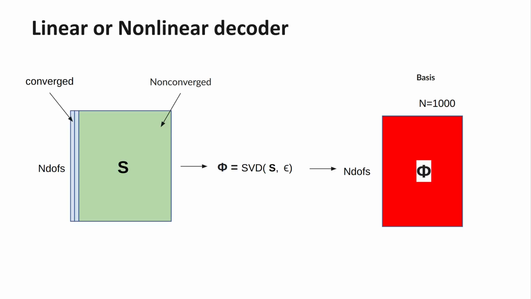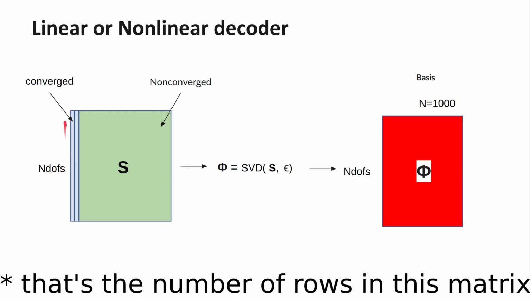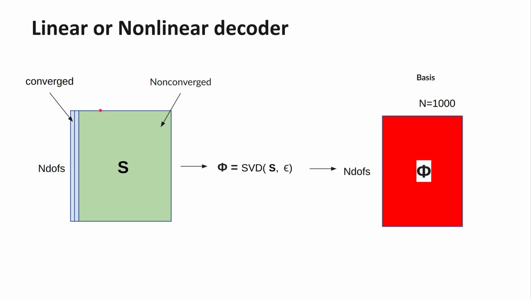What this means is, okay, these are the converged and non-converged solutions that we were discussing in the last video. Of course, this S matrix, the snapshot matrix, will still hold independently of whether it contains converged and non-converged solutions. I will have the number of degrees of freedom as the number of rows in this matrix, and if I have non-converged solutions, I will have more columns.